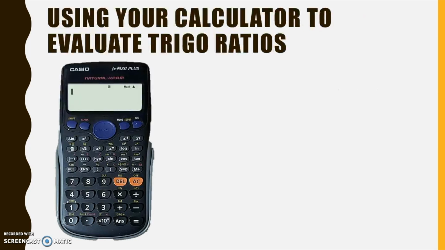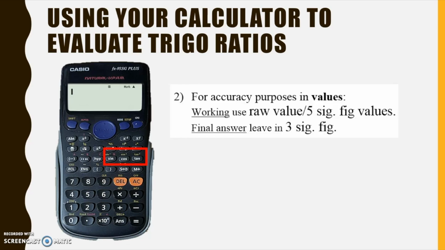Alright, so how could we use your calculators to evaluate trigo ratios? The calculator that I'm using here is the Casio FX95SG Plus. For most of you who are using this model, I think the majority of you are, it shouldn't be too hard to find your sine, cosine, and tangent keys. They are actually here.